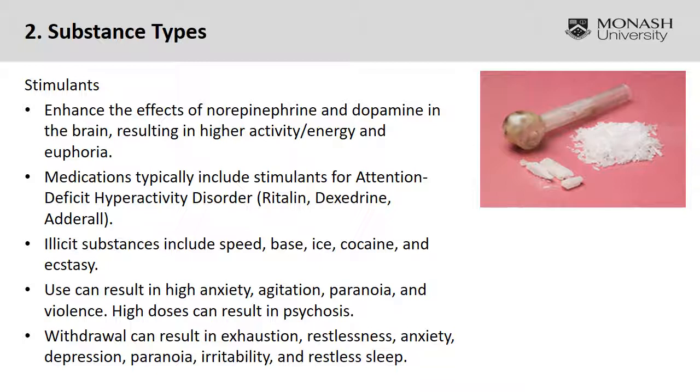Some of the illicit substances include base, speed, and ice, and this is all the same kind of substance in higher levels of purity. So ice is the most pure, and ice now has become a fairly common drug in a lot of Western countries.